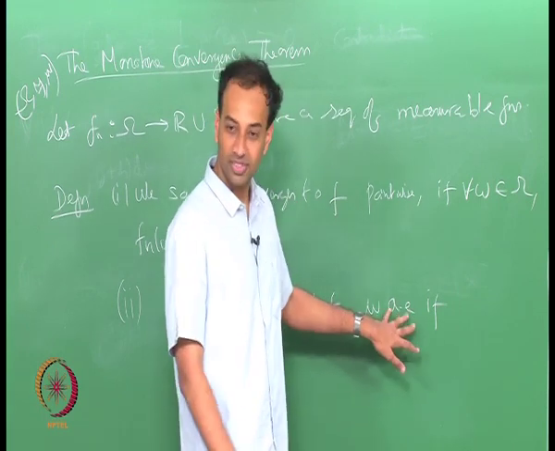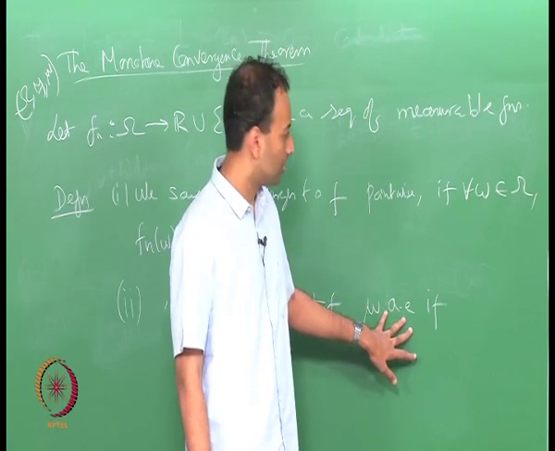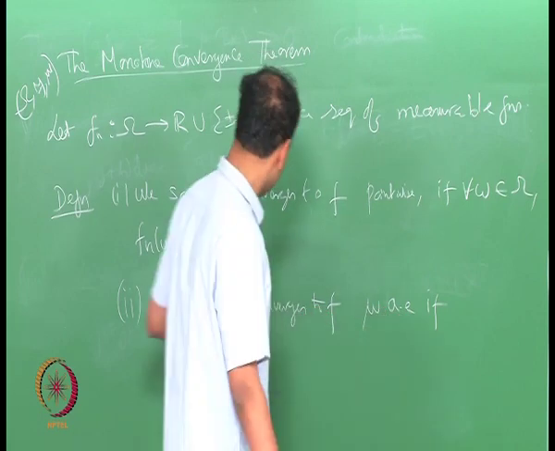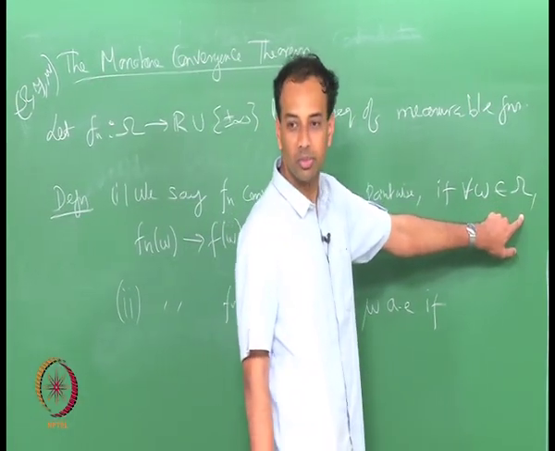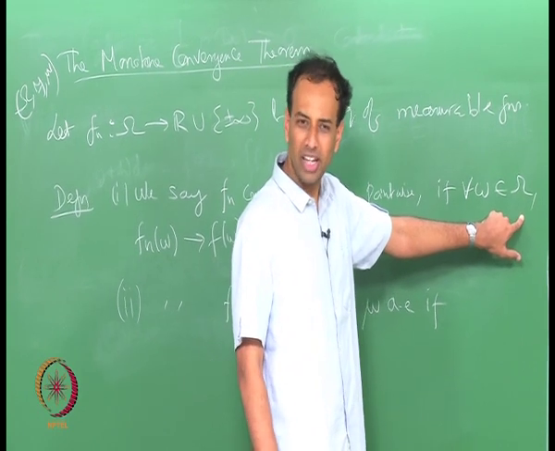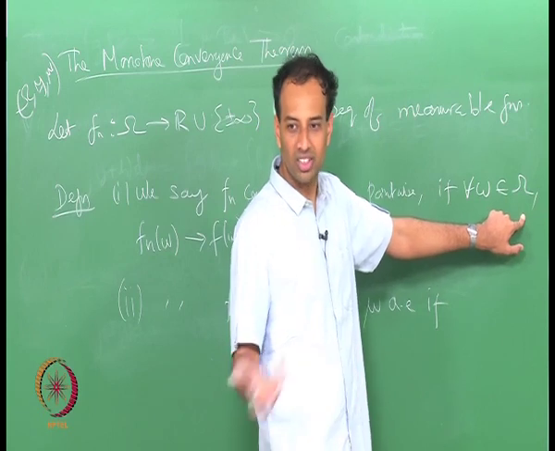What do you think this will mean? This convergence holds not necessarily for every omega in the sample space, but instead it may fail to hold on a set of mu measure 0.